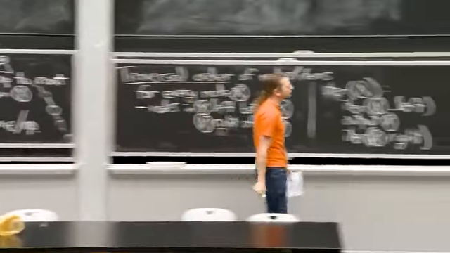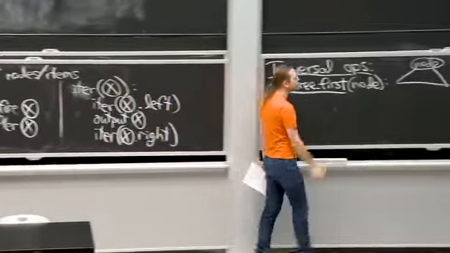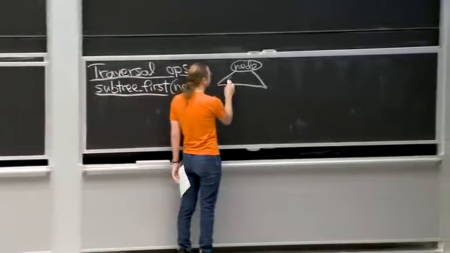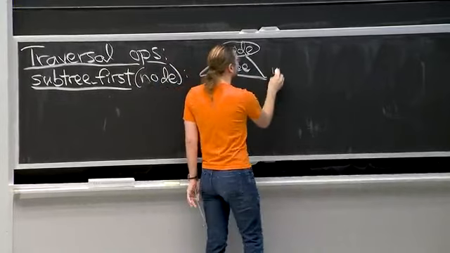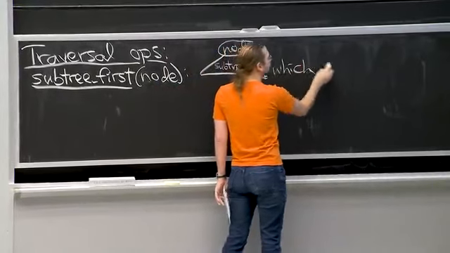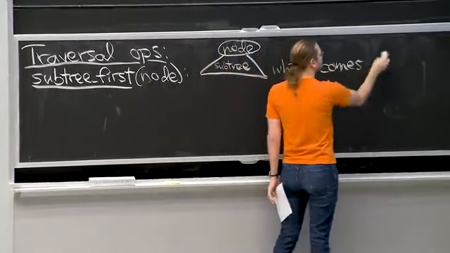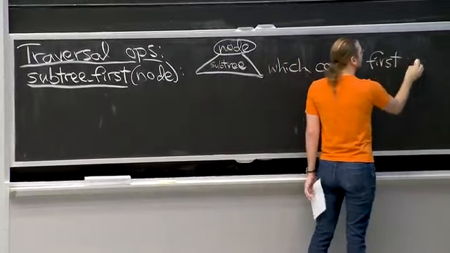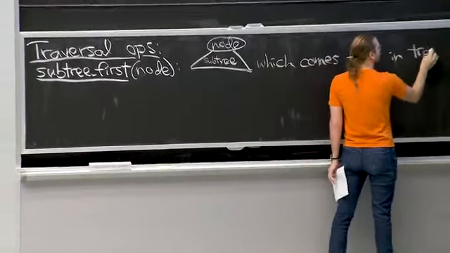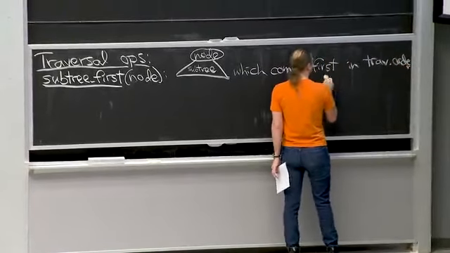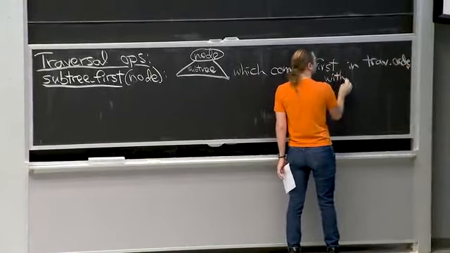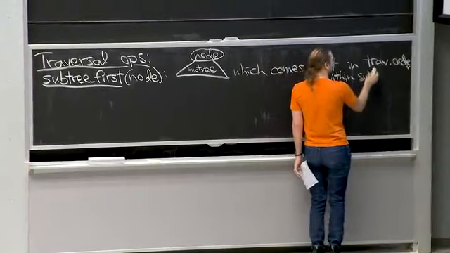So with subtree first, I would like to say among all the nodes in this subtree, which comes first in traversal order? So just restricting to that subtree of node.